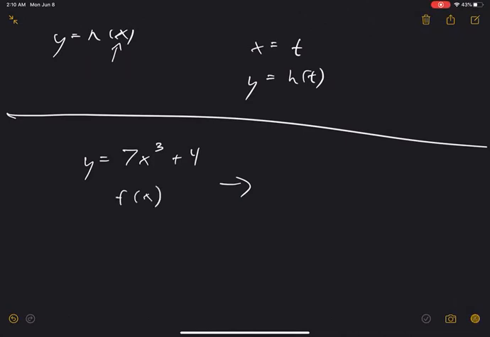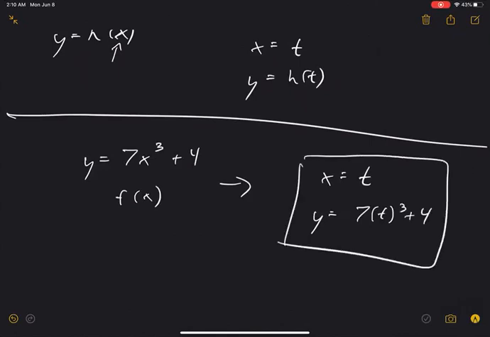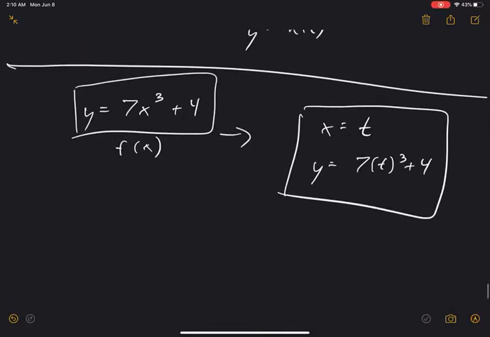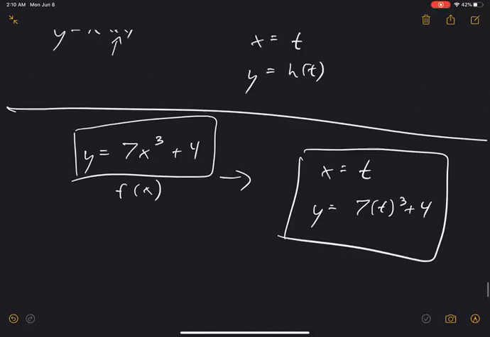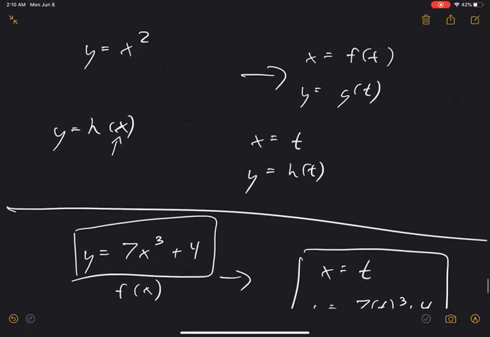I'll say x equals t, and then y equals f of t. So what should my f of t be? That would just be 7t cubed plus 4. And now this is a parametric equation that is the same thing as this. It gives the same curve. So converting from Cartesian to parametric is really easy.